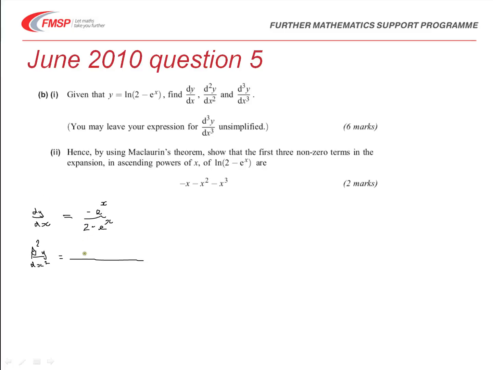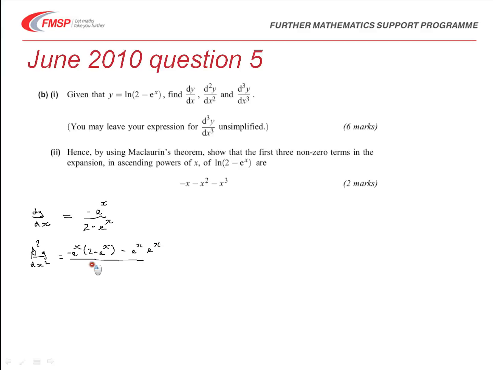So the quotient rule says differentiate the top, which becomes minus e to the x, and multiply by the bottom, and then we differentiate the bottom, which is minus e to the x, and multiply by the top, which is also minus e to the x, but we have to remember that it's minus this second part, so we've got a minus with a minus with a minus, so overall the whole thing will be minus.